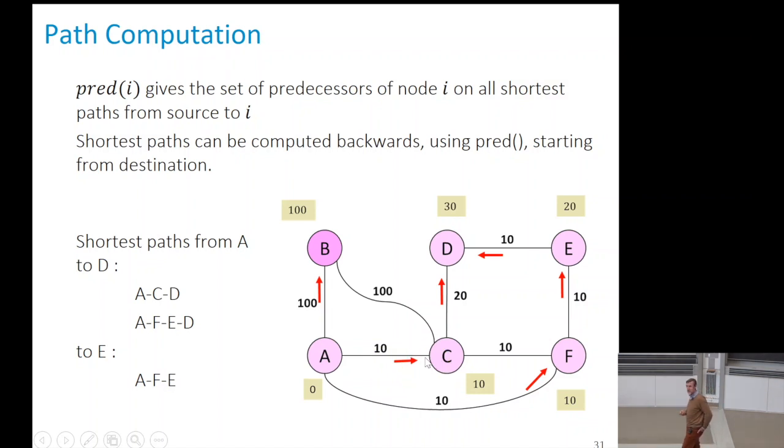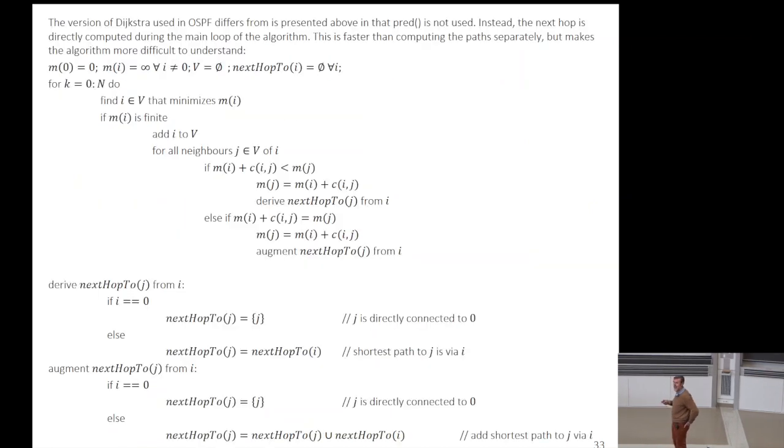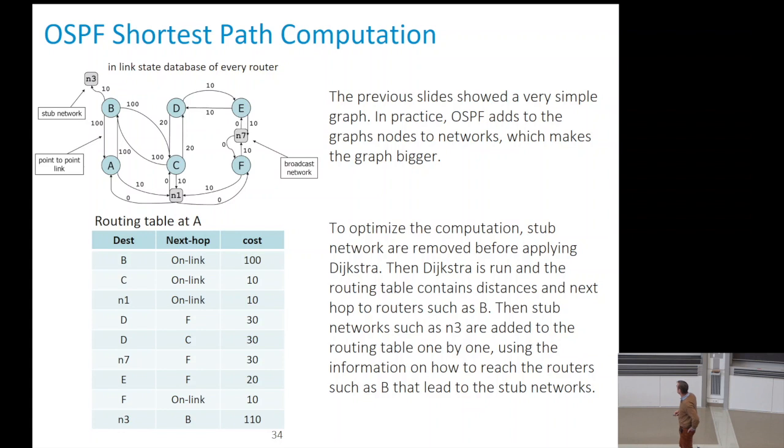The true Dijkstra algorithm that is implemented in the routers avoids this last pass at the end. It embeds this directly in the computation, and that gives this code here, which is more ugly and more difficult to understand. But the only difference is that we embed directly the next hop in the computation, so that at the end, when the algorithm has converged, we don't need this additional pass.